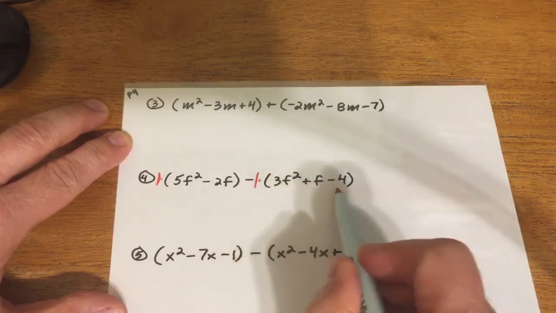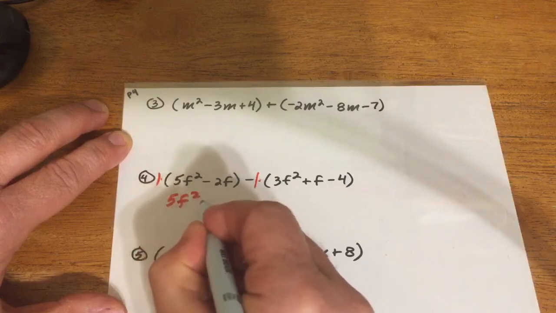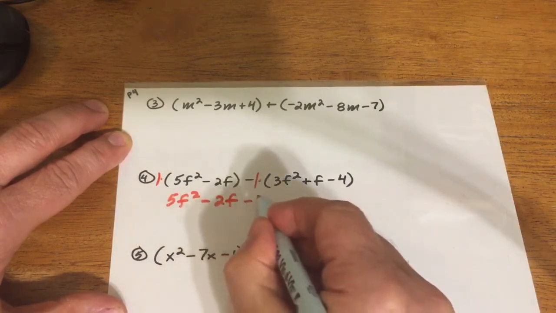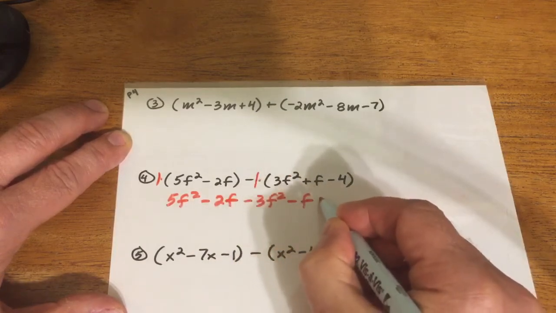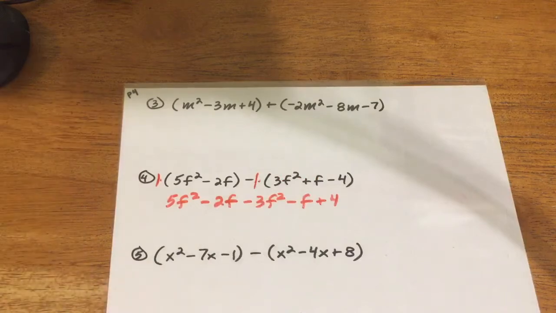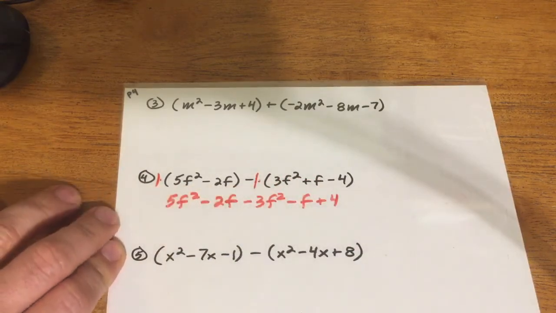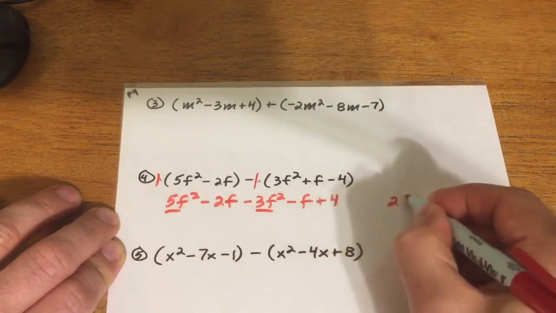So what we're going to do is multiply by 1, but we'll make sure we distribute the negative 1 to this trinomial. If we multiply by 1, we're going to get 5f squared minus 2f. Multiplying by negative 1, minus 3f squared minus f plus 4. And notice the distributive property, of course, gets rid of the parentheses up here. Now combining like terms, we're going to end up there getting a 2f squared.